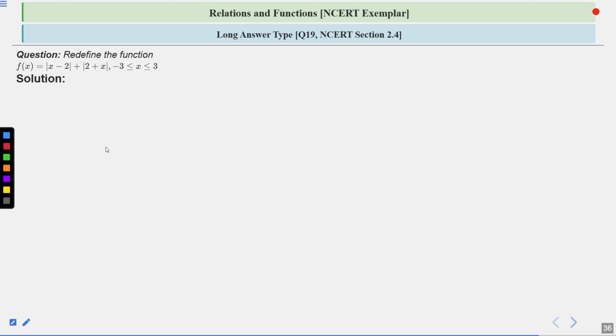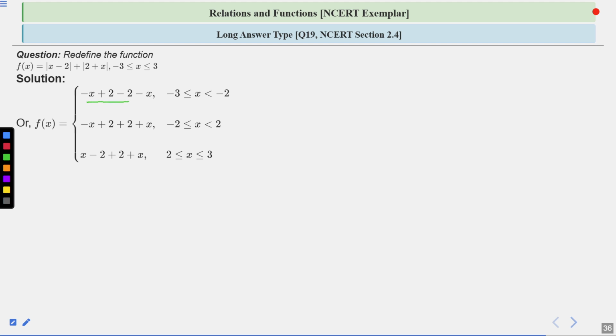So now, just simplifying, we are getting f(x) as minus x plus 2 minus 2 minus x for x greater than or equal to -3 and less than -2. f(x) is minus x plus 2 plus x for x greater than or equal to -2 and less than 2. And f(x) is x minus 2 plus x for x greater than or equal to 2 and less than or equal to 3.